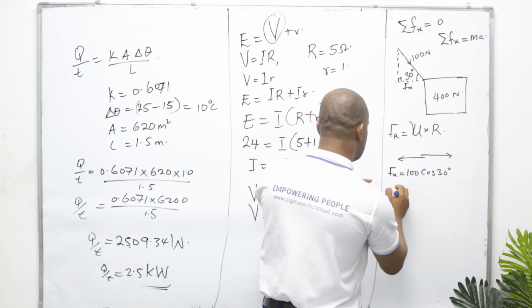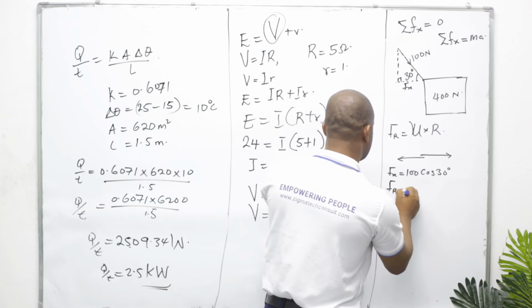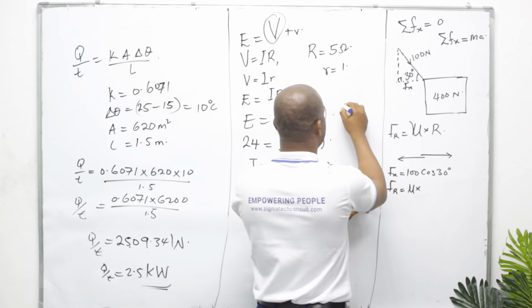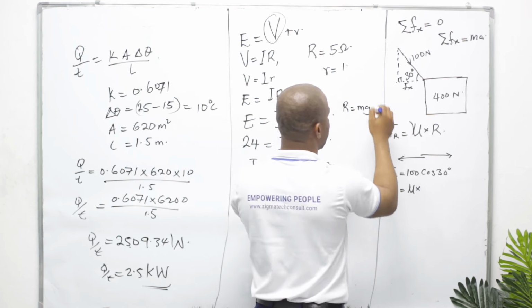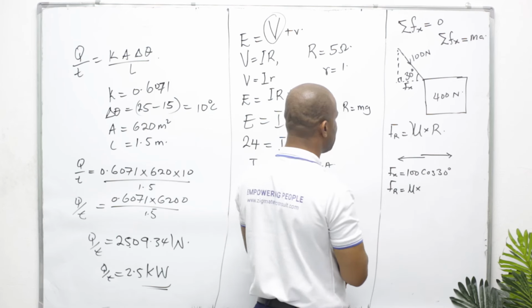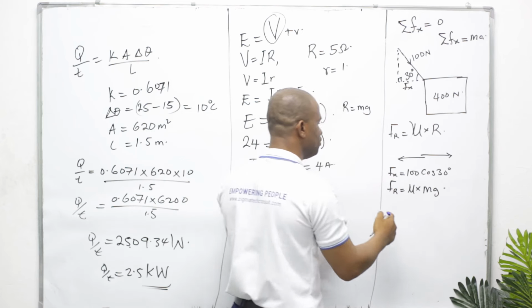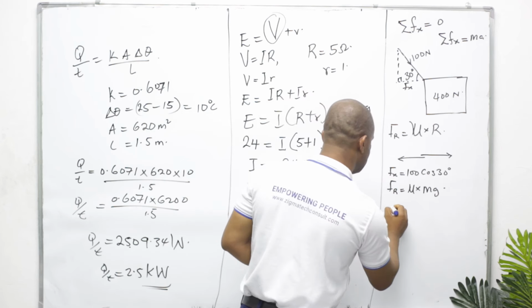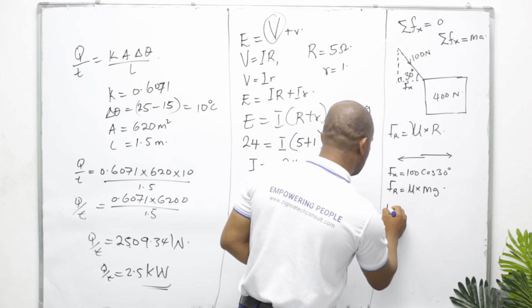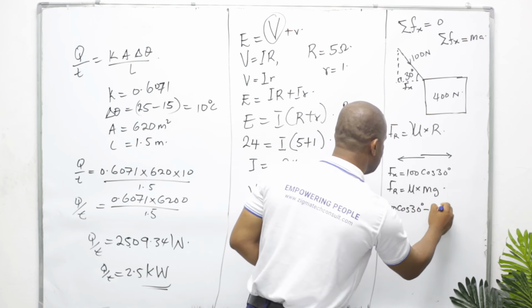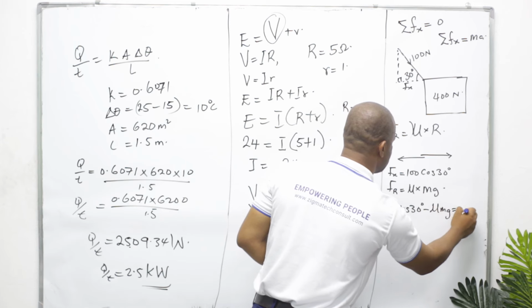So that frictional force pulling it backward is this Fr, which is equal to mu times R. This R is given as mg because it's the normal reaction. So I'm going to put mg here. So what should I do? This is going to be equal to 100 cos 30 degrees minus mu mg is equal to 0.